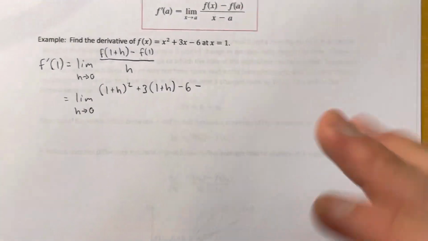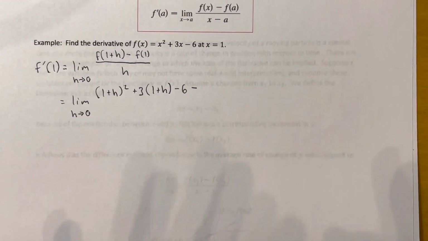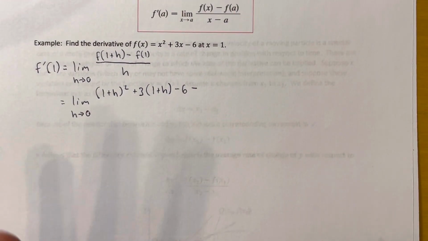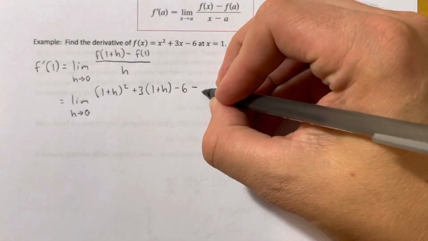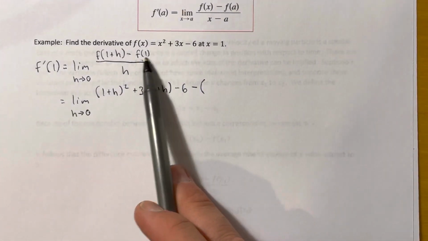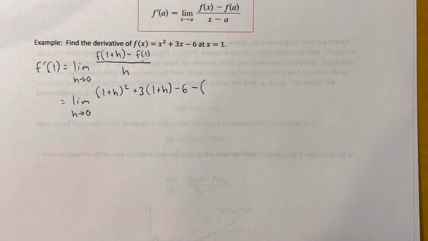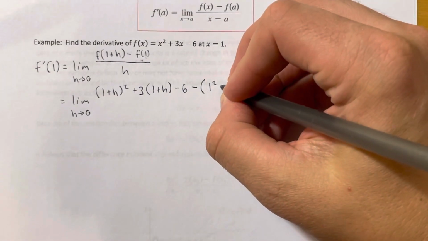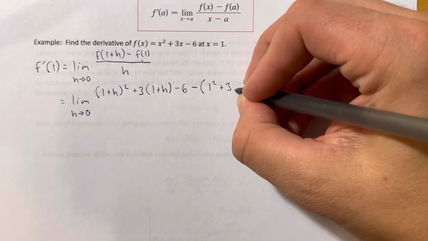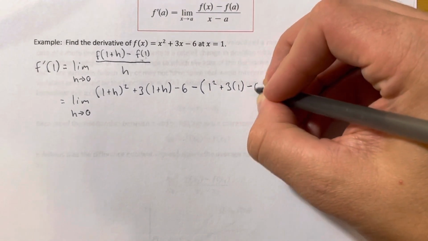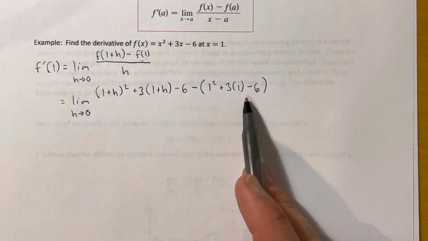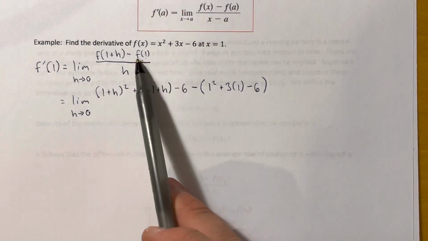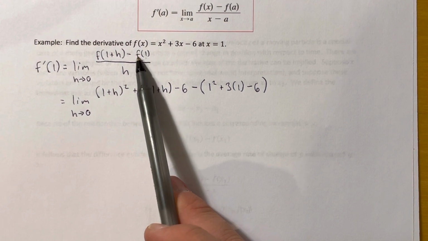This is a really important thing to pay attention to. Make sure that you do what I'm about to do. I'm gonna be putting this entire expression in parentheses. Okay, so f of 1 would be 1 squared plus 3 times 1 minus 6. The reason it's important to put that in parentheses is because you are subtracting the value that we get from plugging 1 into f.